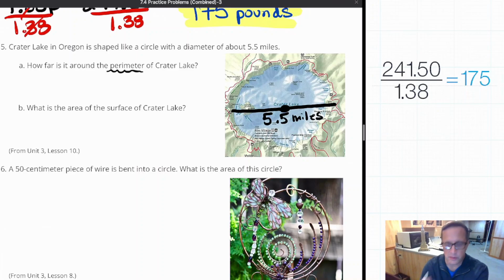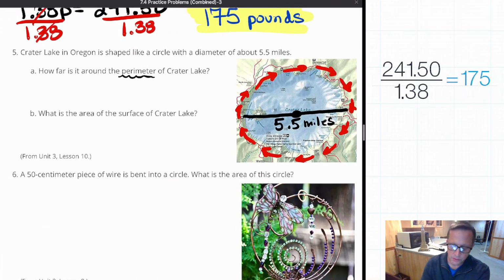What is the circumference of Crater Lake? We're looking for the distance around it. Say you're on a hike and you want to know how long it would be to walk around that lake. It's probably not just a casual stroll. It's going to take you a little while, but not forever, of course. So you need to figure that out.